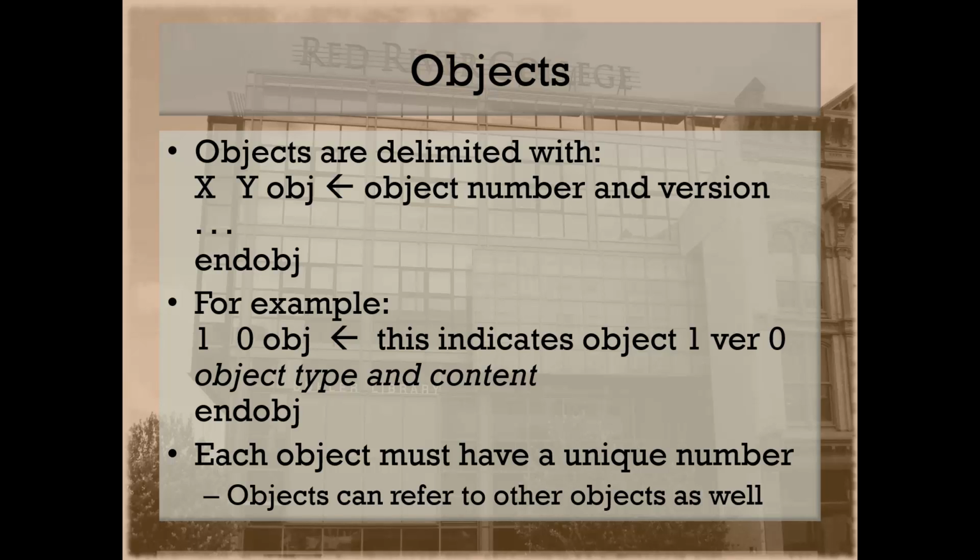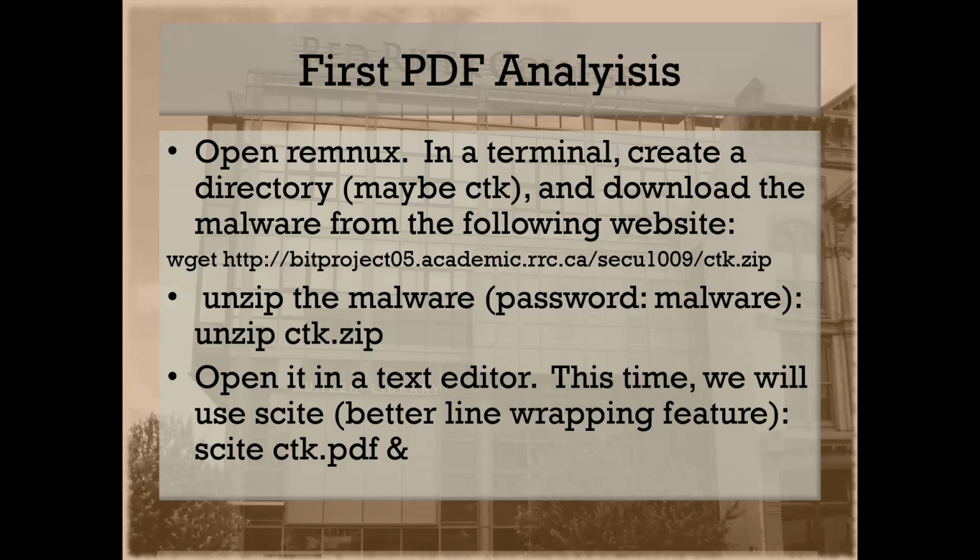Each object must have a unique number. The tricky thing is that these objects can refer to other objects as well. And that's where we start running into some problems, when they start calling other objects, that's when you have to crawl through the document to see what's going on. And we'll see that today with our second PDF analysis.